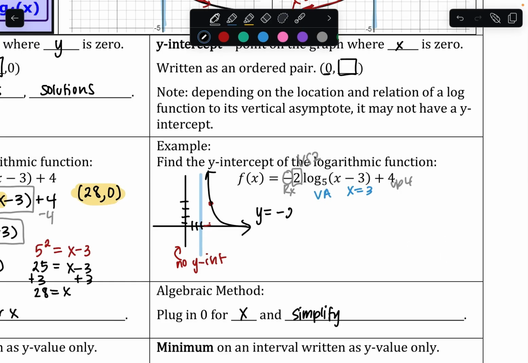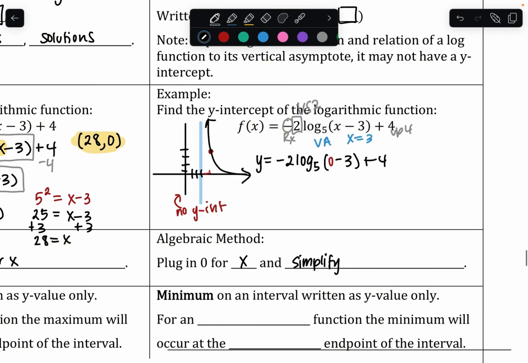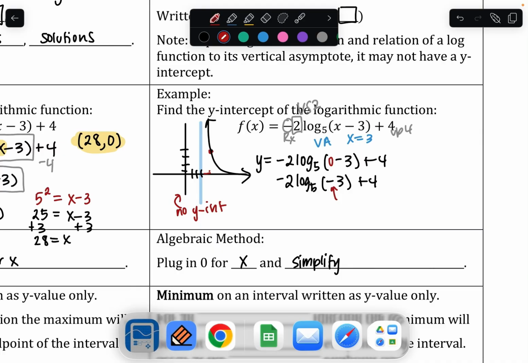And so when I plug in 0 for the x, I get -2 log base 5 of 0 minus 3 plus 4. Okay, and so that gives me -2 log base 5 of -3 plus 4. And you can't plug in a negative argument to a log. If you type that into your calculator, you're going to get a non-real answer.